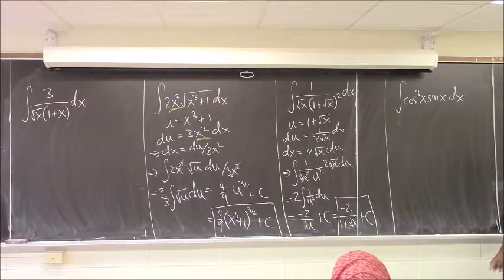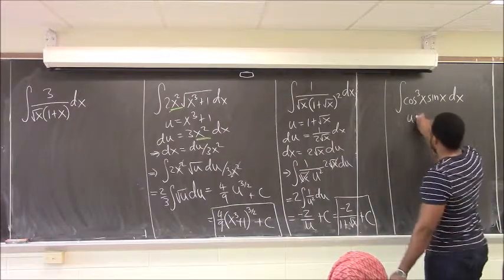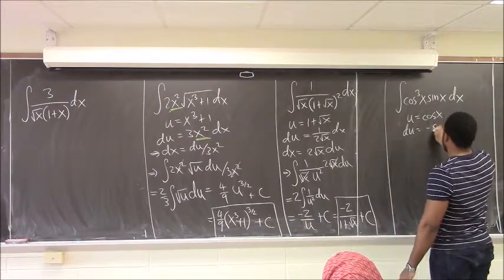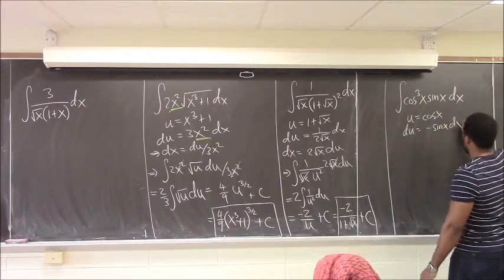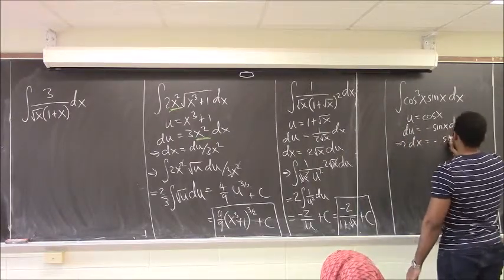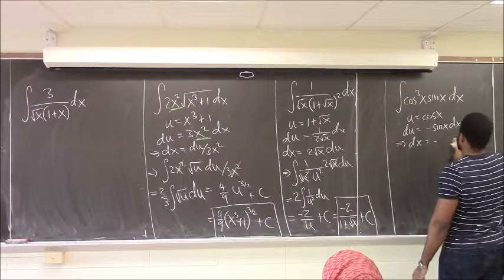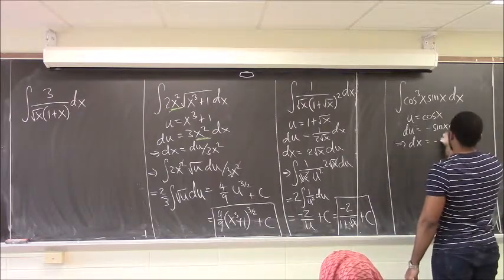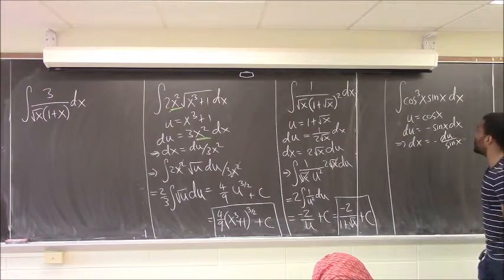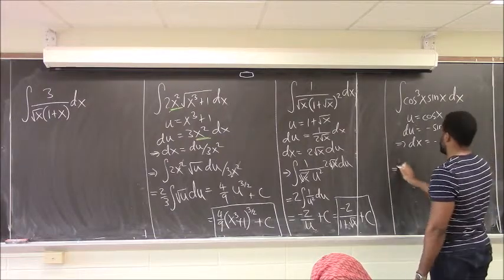Yeah? u equals cosine x. Our du would be minus sine x dx. This means that our dx would be minus du over sine of x. So go here and plug that in.